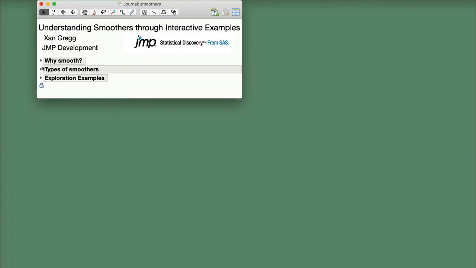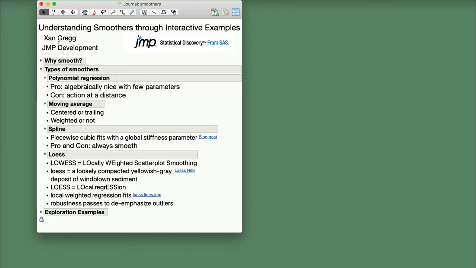I'm going to talk about four types of smoothers, mainly the last two, but just for context, we'll also talk about regression, linear regression, or polynomial regression in particular. This is certainly the most common for statisticians, and it's got some nice features for differentiation and things like that.